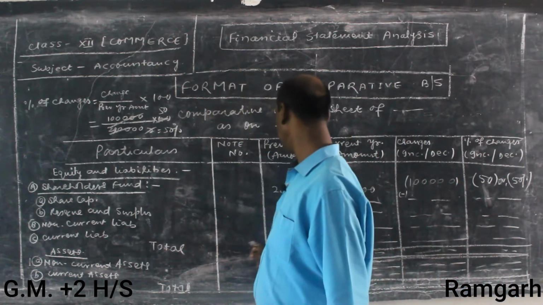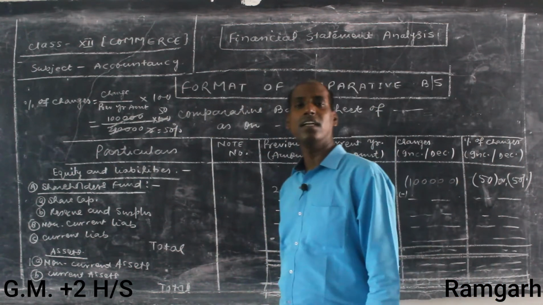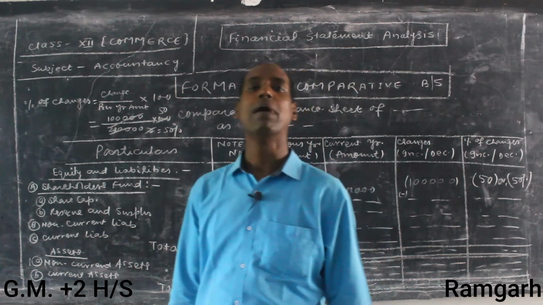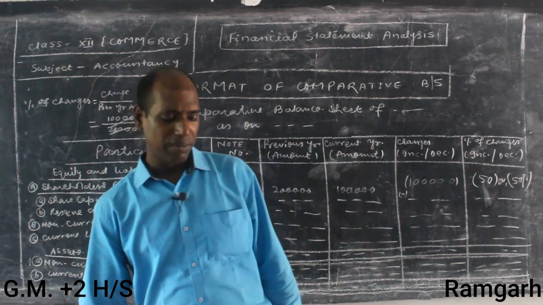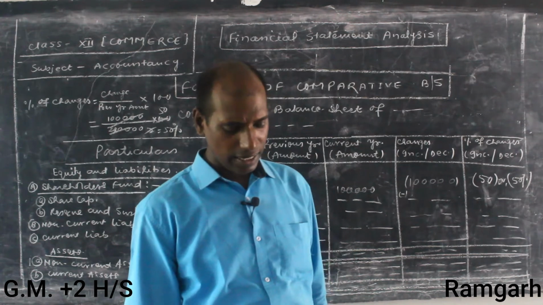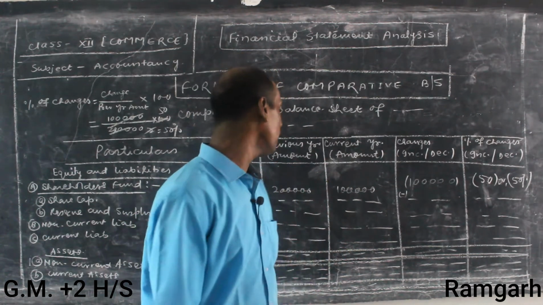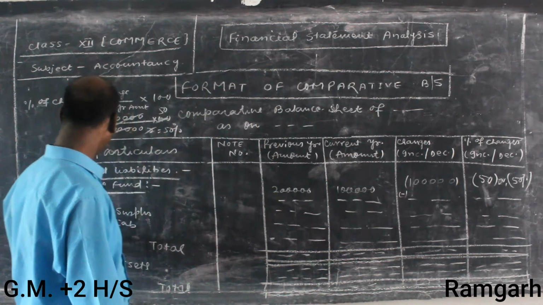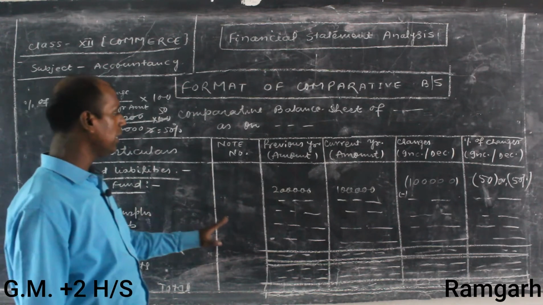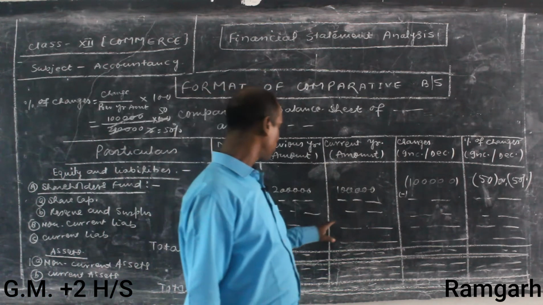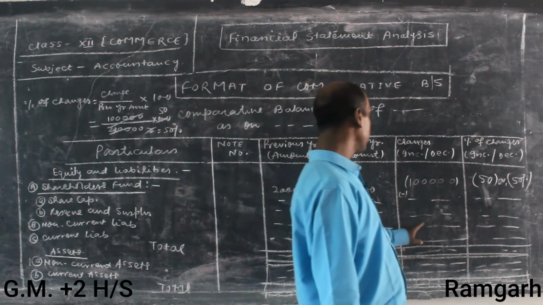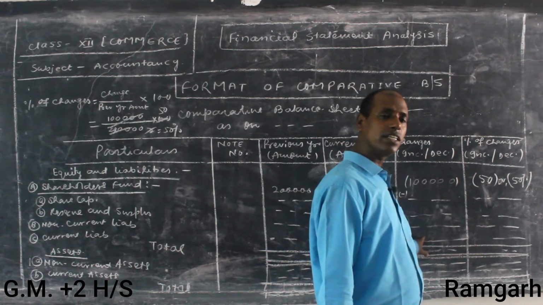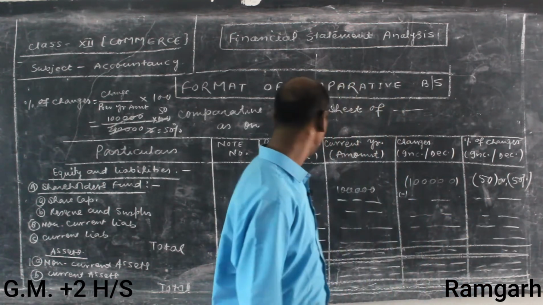Thereafter current liabilities: sundry creditors, bills payable, bank overdraft, whatever is given as current liabilities. We put all the details of current liabilities in it: previous year, current year, changes, either increase or decrease, and then percentage of increase and decrease.